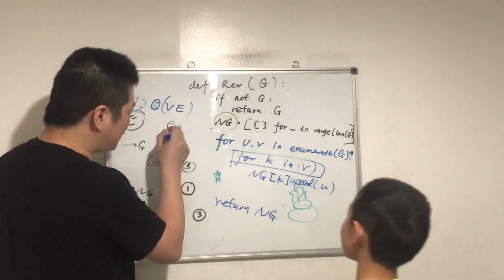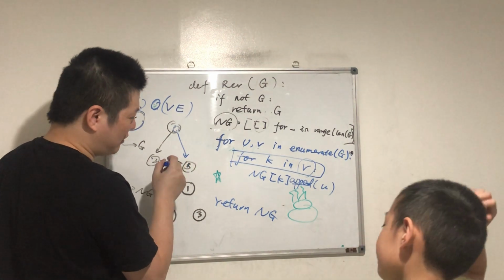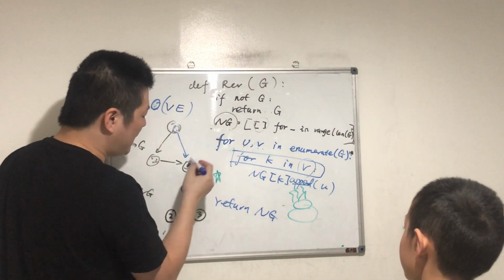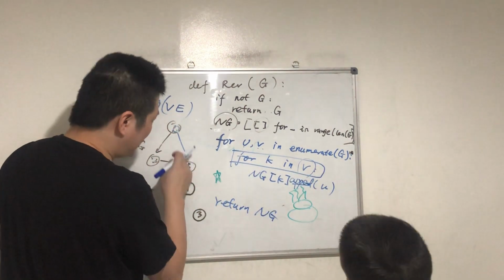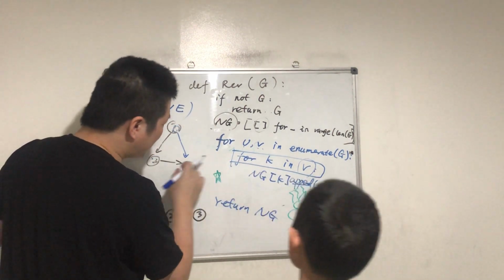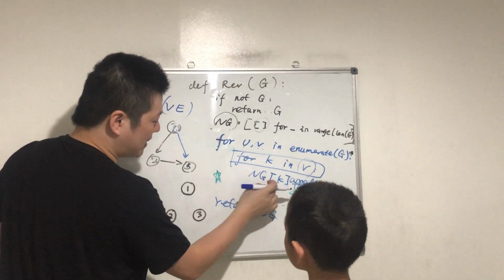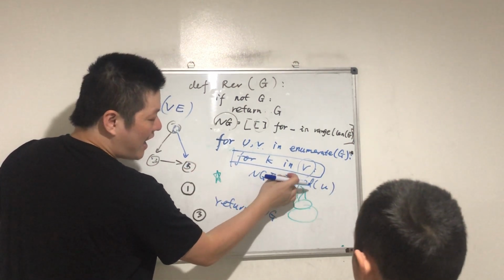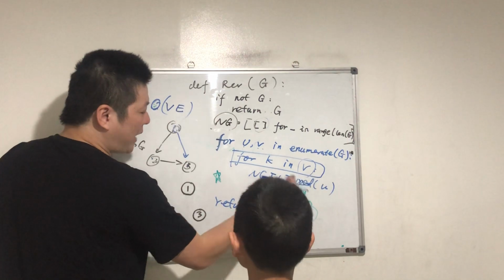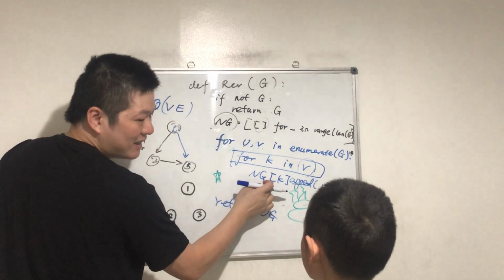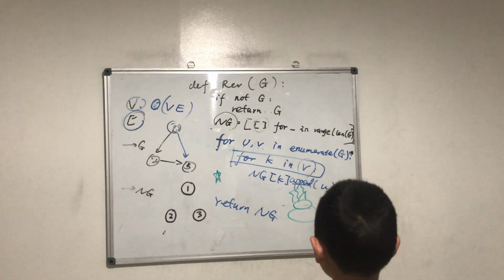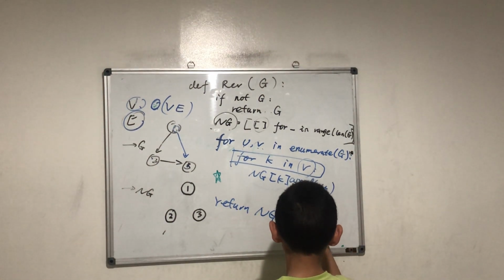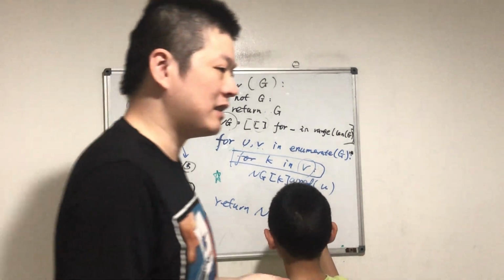U is each vertex we are checking, and V will be the edges it points to, right? Like 2 and 3, and then we go through 2 and 3, and what we do is add the 2 and 3 pointing back to the U, right? Does it make sense for you, Eric? Yes. Okay.